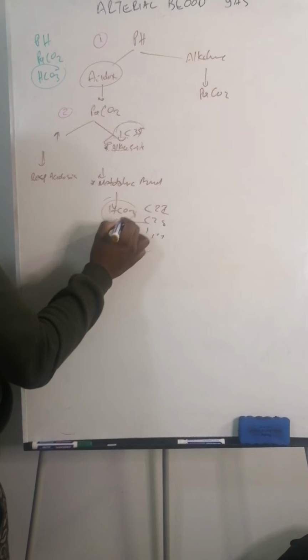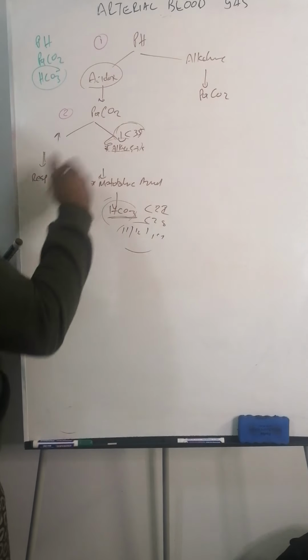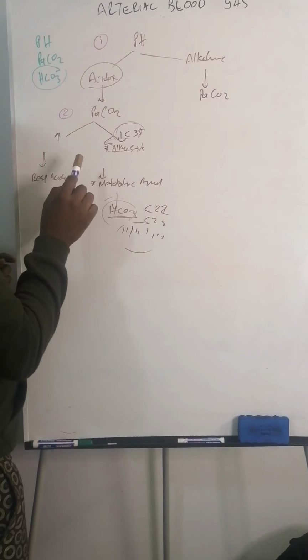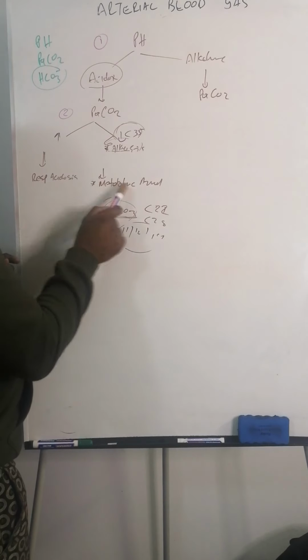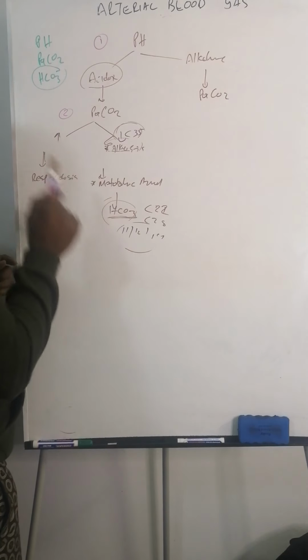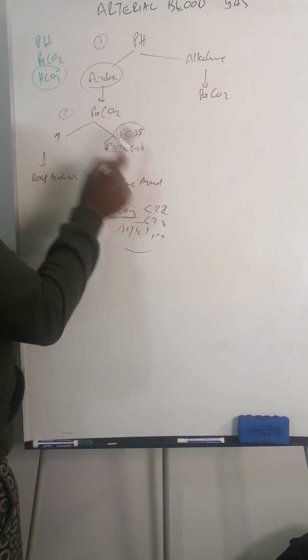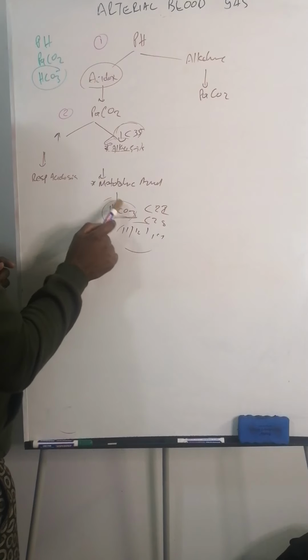Remember, in this patient you say that the patient is acidotic, and the acidosis is most likely metabolic, because this doesn't tally with this. To confirm that it's really metabolic, look at your bicarbs.